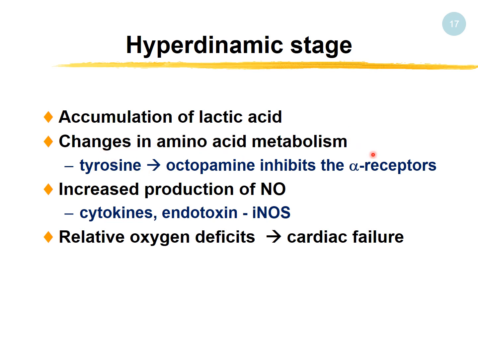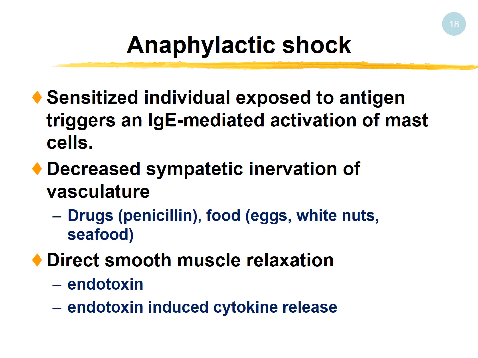The changes in amino acid metabolism, the tyrosine and octopamine that inhibit the alpha receptors, and further vasodilation occurs. Usually, for example, in septic shock or any situation, we do have an increased nitric oxide production, such as cytokine-induced or endotoxin-induced iNOS, the inducible nitric oxide synthase activity, so more NO production. And as I mentioned, relative oxygen deficit in the periphery due to the abnormal diffusion that's happening in the periphery due to the low contact time.